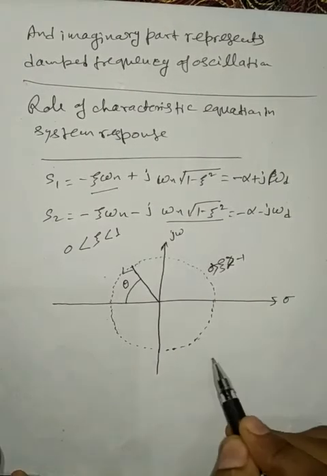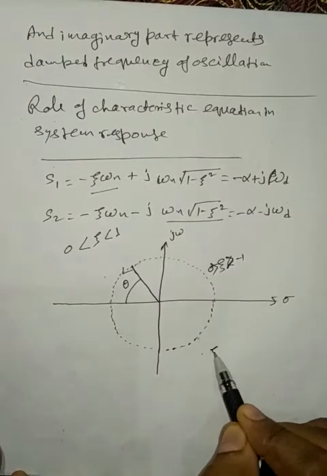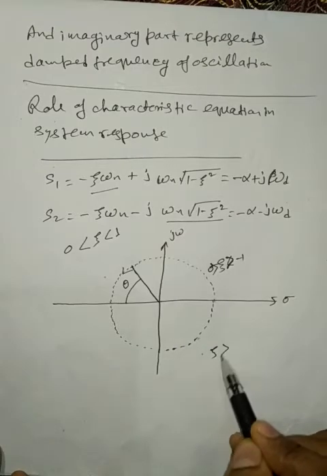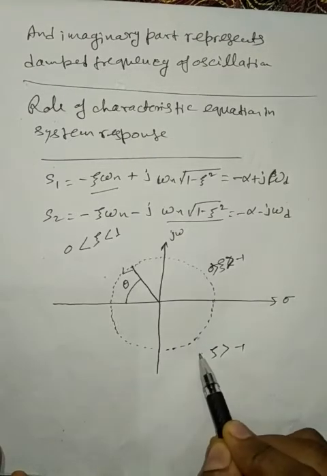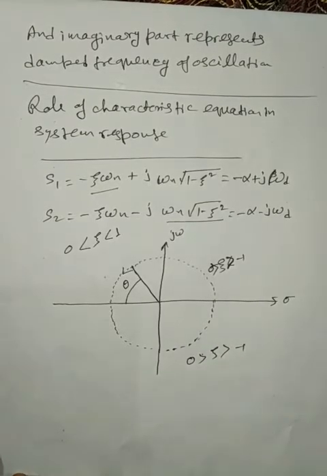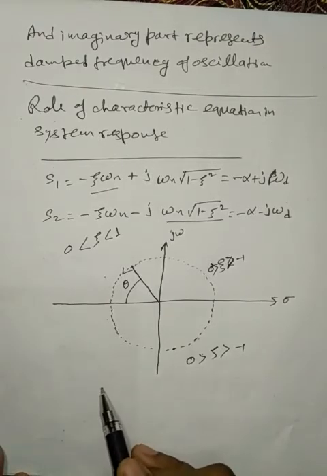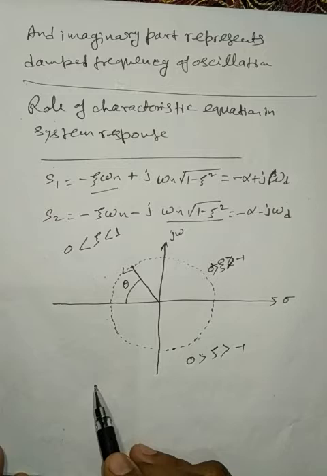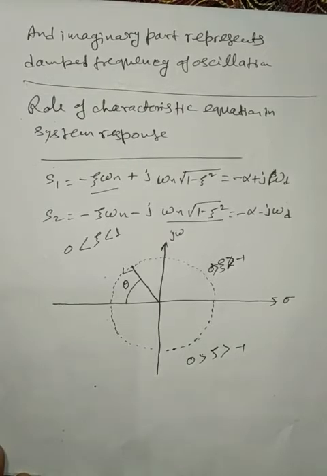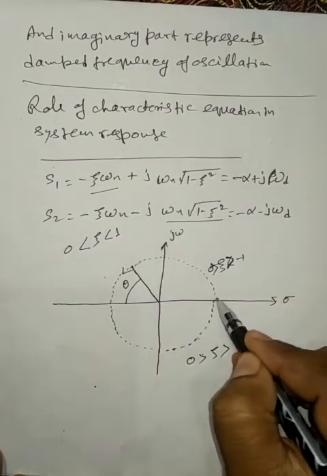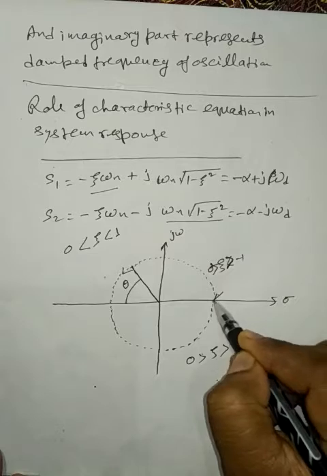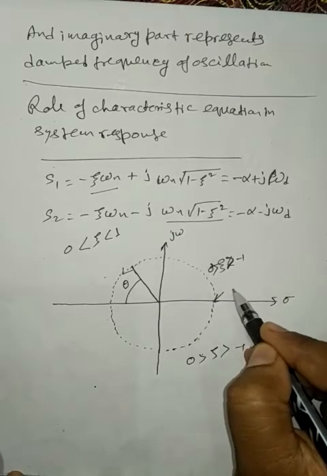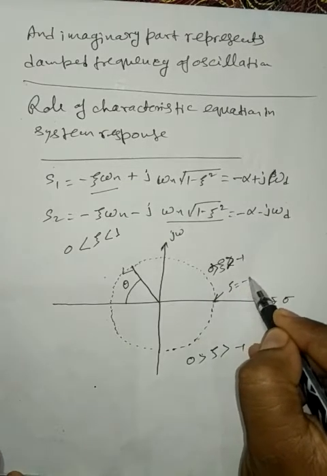Below, on this side, zeta again is -1 to 0. Similarly here zeta is in between 0 to 1. At this point zeta is equal to -1.